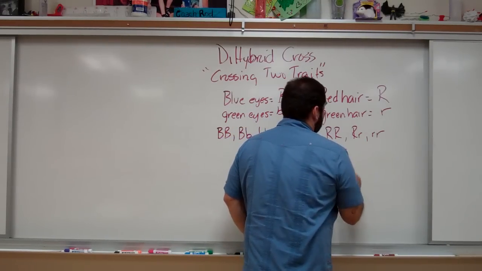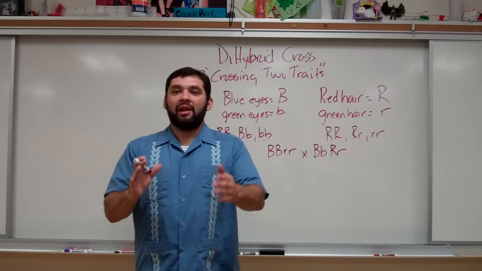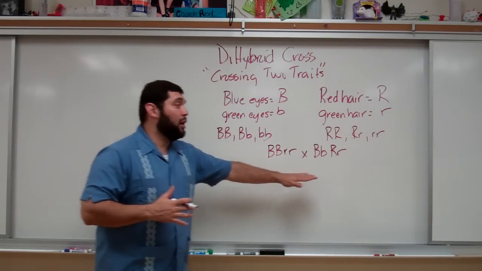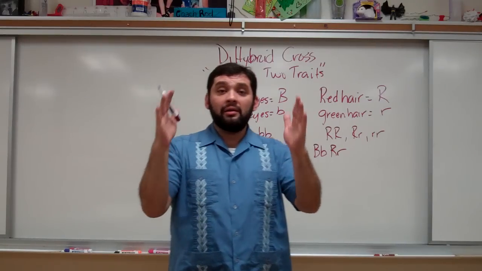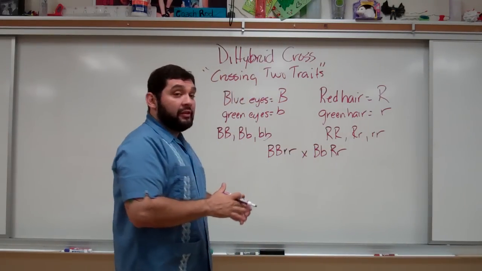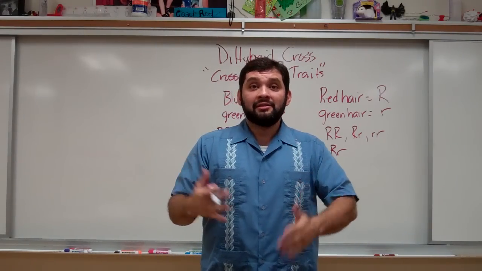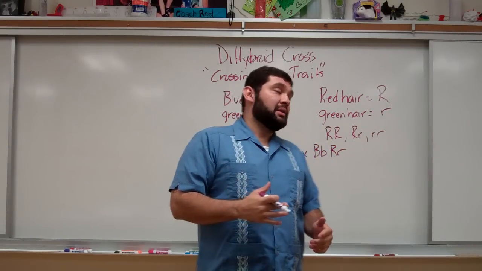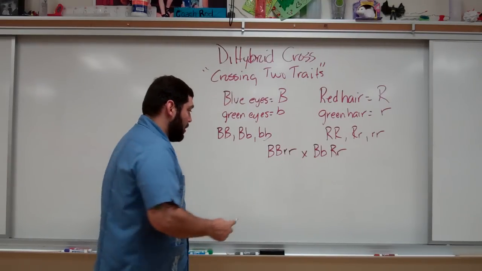Now pay attention. You're going to probably want to rewind this several times. You're going to cross both these traits on one Punnett square. Now, there are 4 traits, so that means you're going to have 4 Punnett squares put together on one table. How does that work, you ask?